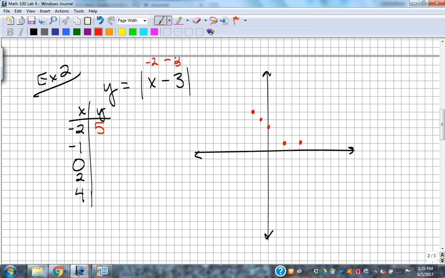And then looks like what's happening at 3 is what I want to know. 3 minus 3 is 0. The absolute value of 0 is 0. So there's that point right there. That would be the turnaround point for this to make that V shape. So if you're not sure what's going on there with the problem, you just plug in more x values and you get a better picture of what's going on.